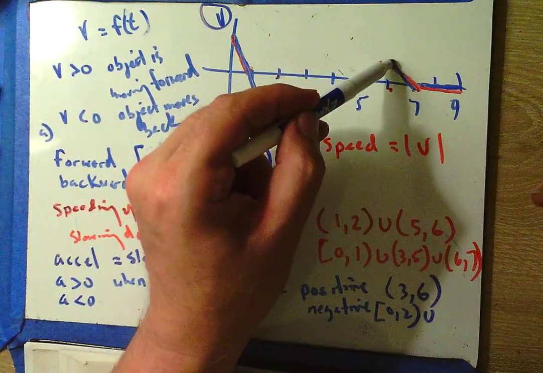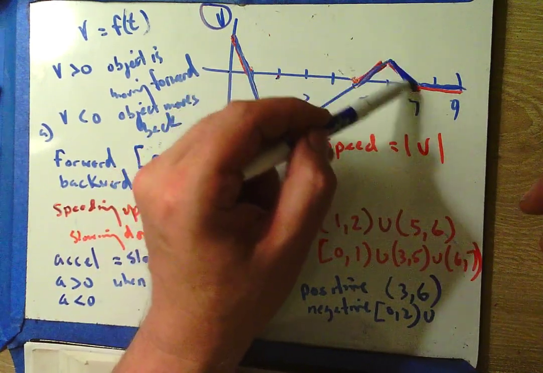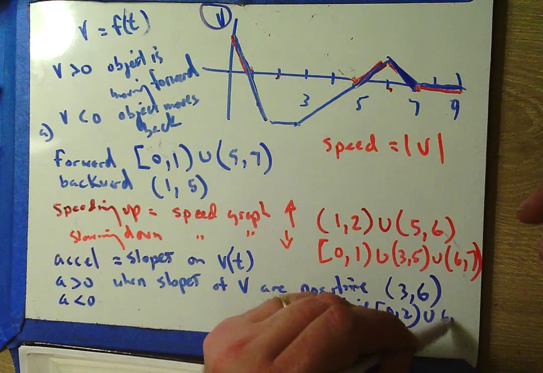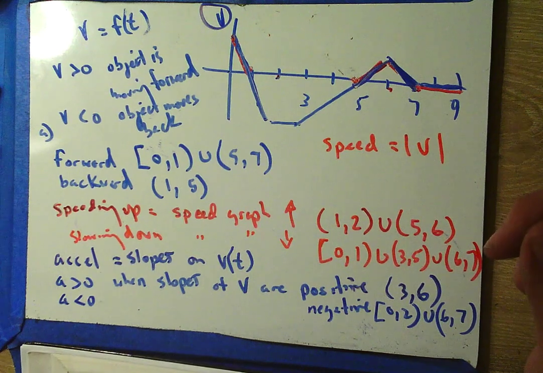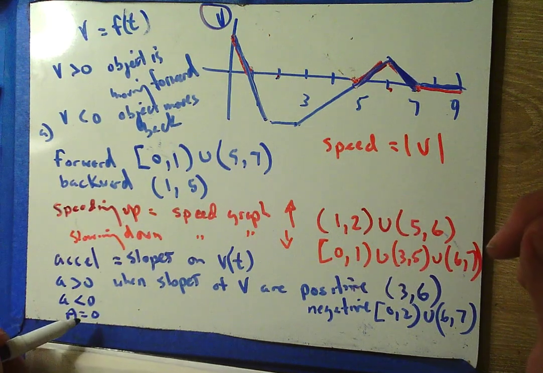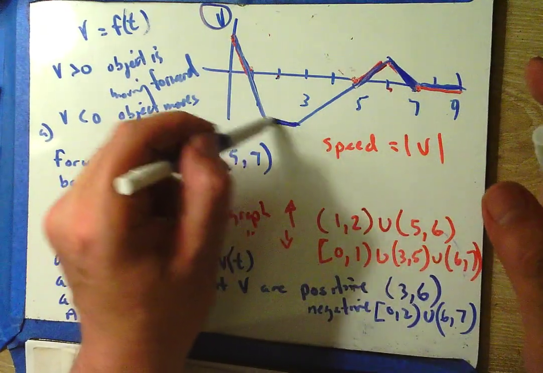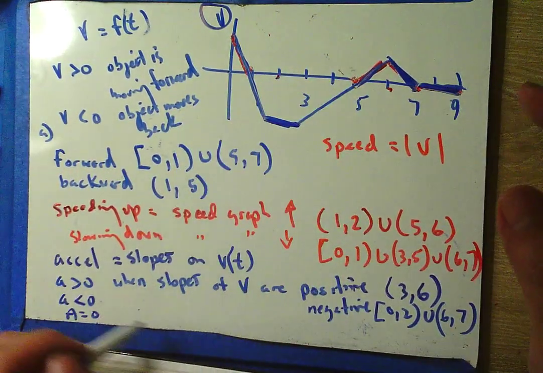And I see some negative acceleration here, because the slopes of velocity are negative here from 6 to 7. Okay? And they also asked us, by the way, when is acceleration 0? A equals 0. And that's when the slope of velocity equals 0. So from 2 to 3 and from 7 to 9.